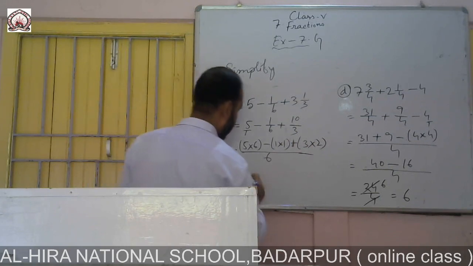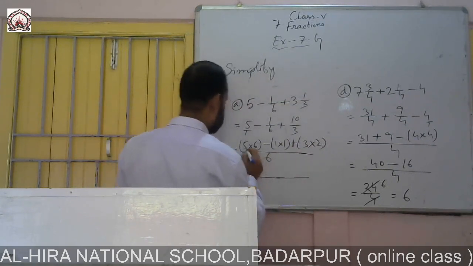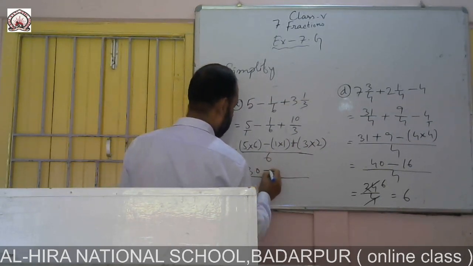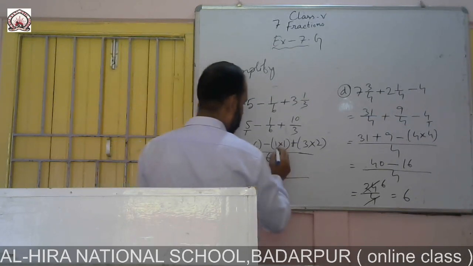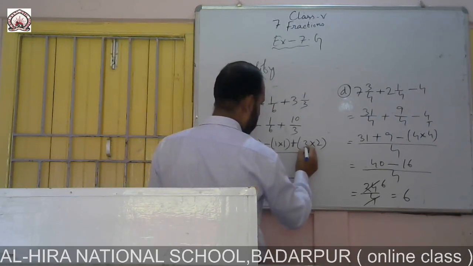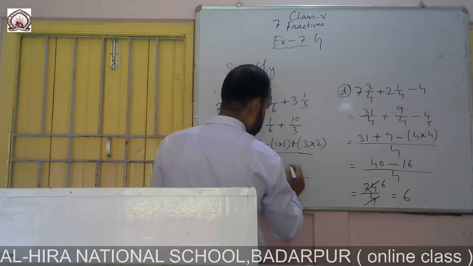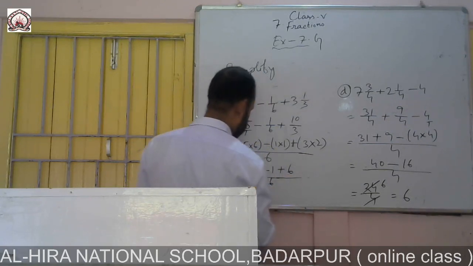Now 6 fives are 30 minus 1 ones are 1 plus 3 twos are 6 by 6.